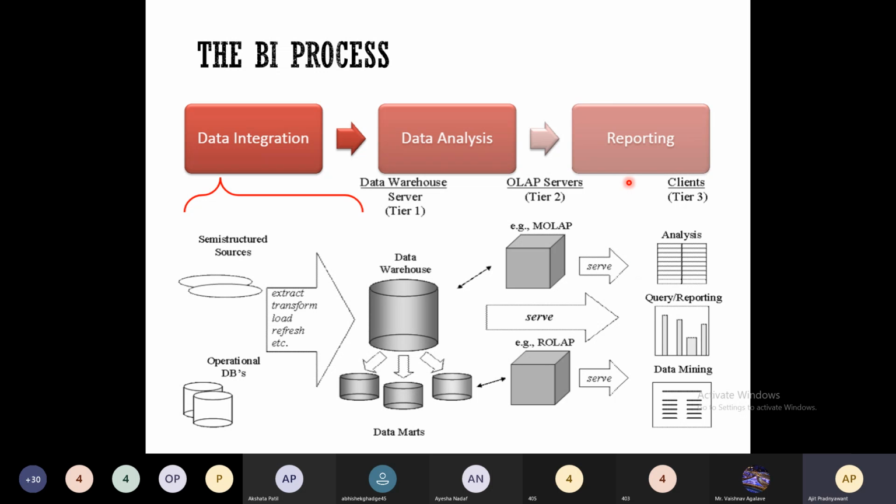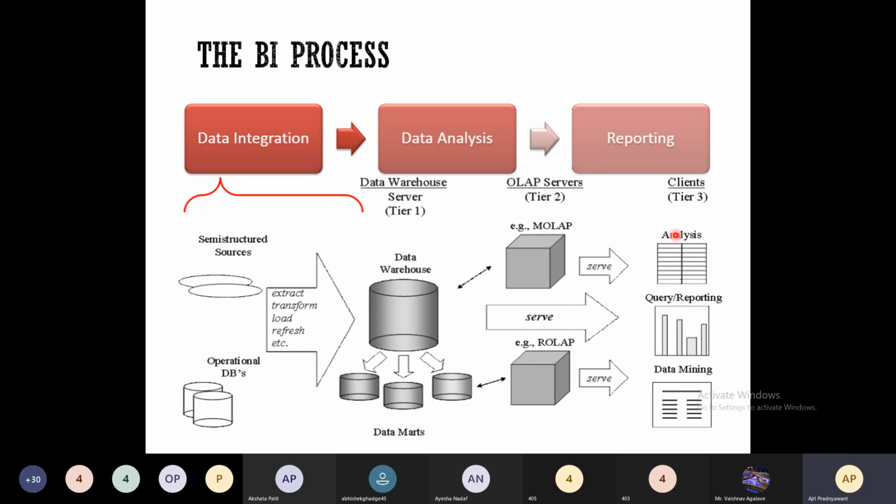So at the end, there is the reporting stage. In this stage, the clients are interacting with these OLAP servers, and clients will use different analytical tools to query over the data and get the meaningful data from this OLAP server along with the data warehouse.